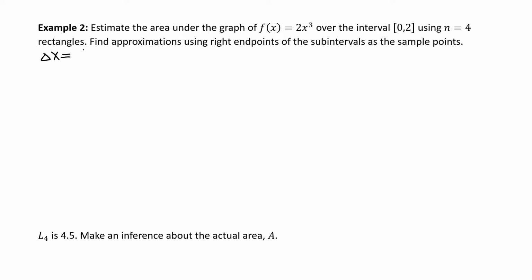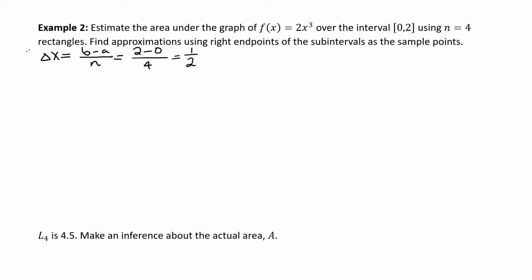We do that by finding the difference of the interval and dividing it by the number of rectangles. We go from 0 to 2, so it'll be 2 minus 0, divided by n, 4 rectangles. This tells us that the delta x will be 1/2. Each rectangle will be length 1/2.